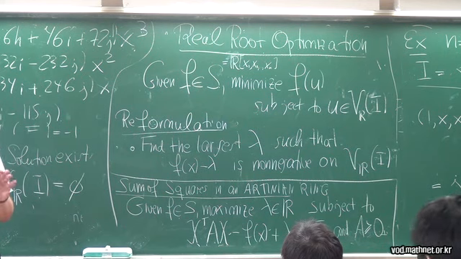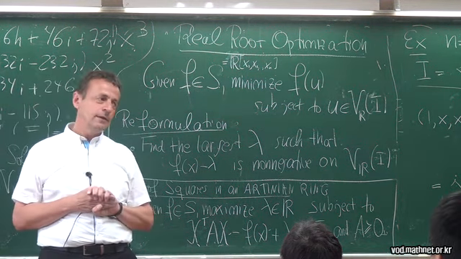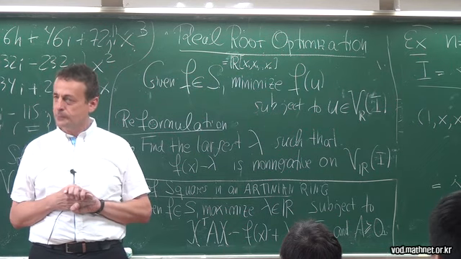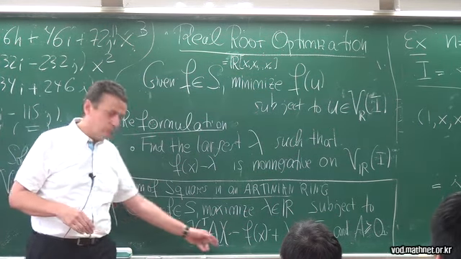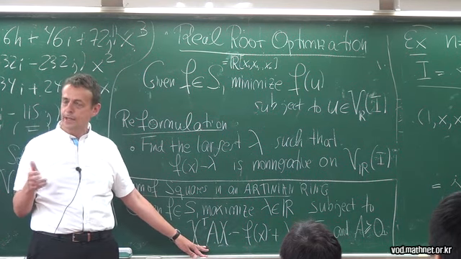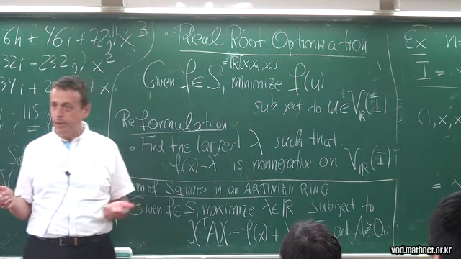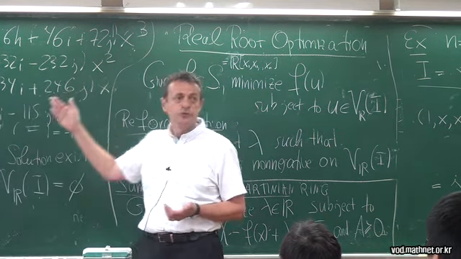Why is that an SDP? Because we can take a matrix A with unknown entries, little a, little b, little c, little d up to little j. Then we multiply this out. That's a polynomial in x1, x2, up to xn, whose coefficients depend linearly on a, b, c, d up to j.